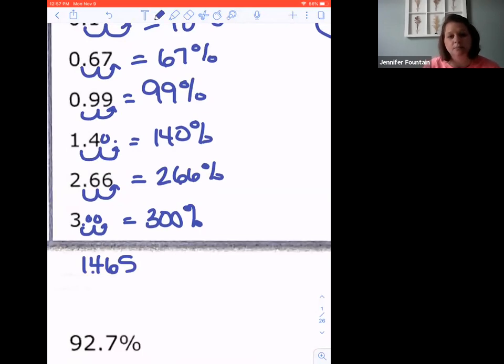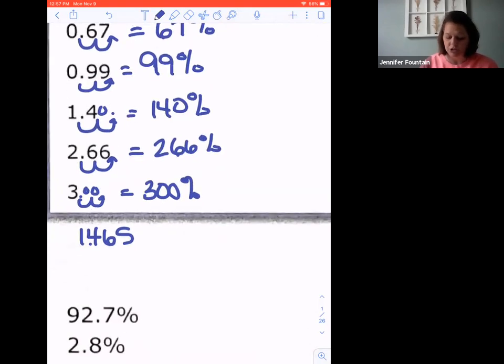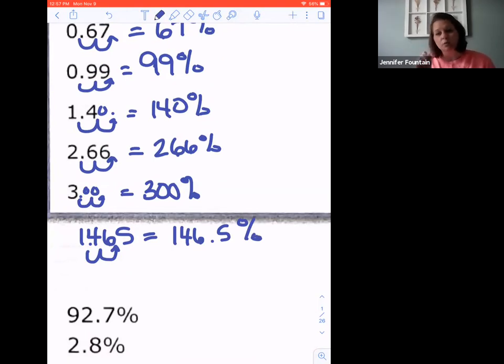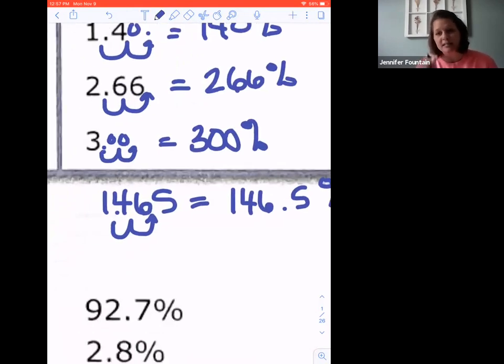What I would have to do is, let's say I had a number like this, 1.465. If I needed to change that to a percent, I would have to move my decimal 2 places, and notice it would now move to between the 6 and the 5. So in that situation, I would have 146.5%. Okay, so if when I move my decimal 2 places, I still have a number after where the decimal moves, then I have to make sure I've got my decimal in my answer.